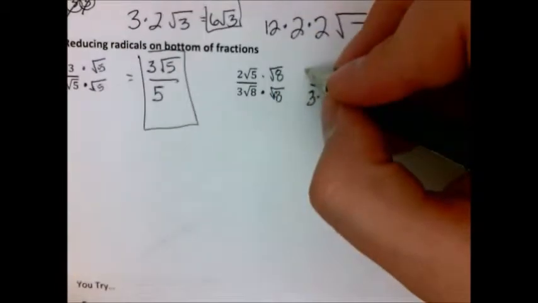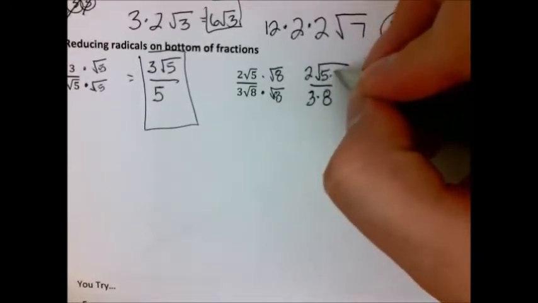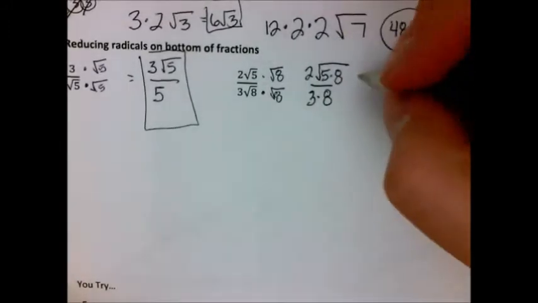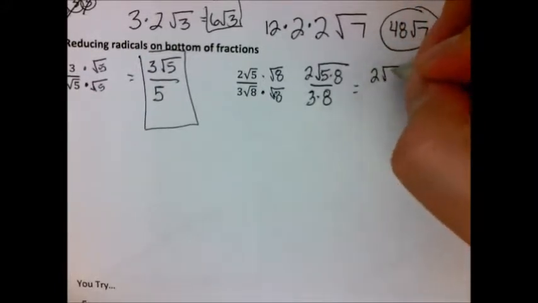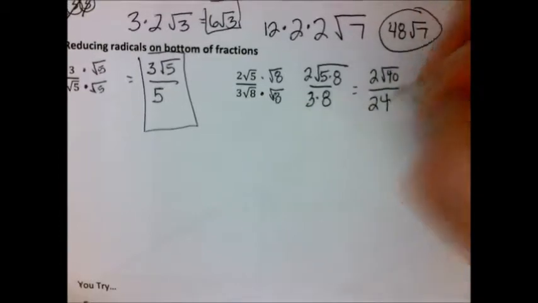On top, we'll get 2 square root of 5 times 8. Then this will turn into 2 square root of 40 all over 24.